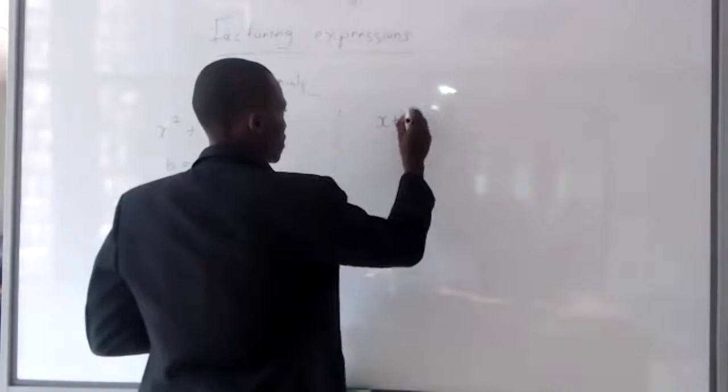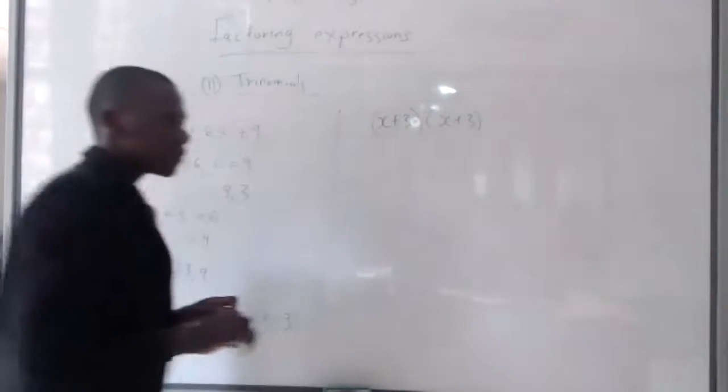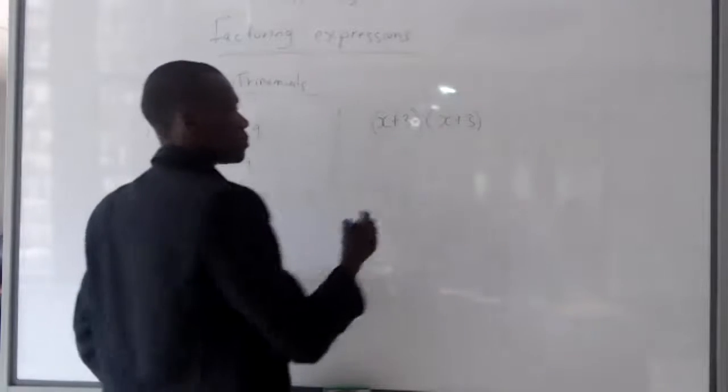x plus 3 times x plus 3. How do you multiply polynomials?